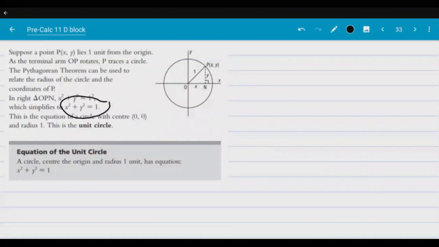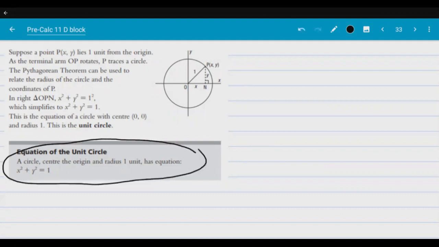That is an equation of the unit circle. Once again, the unit circle is a circle that has radius 1, its center at the origin, and has the equation x squared plus y squared equals 1. Any questions about that?